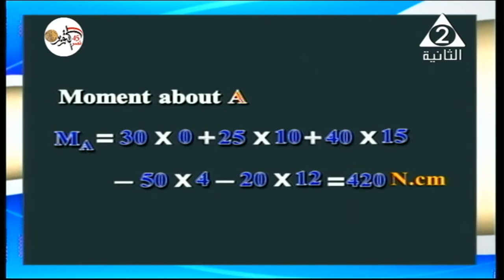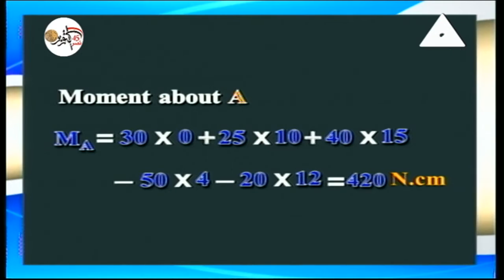Because the forces 50 and 20 act at 2 points clockwise, but the 3 forces 30, 25, 40 act in anti-clockwise direction.